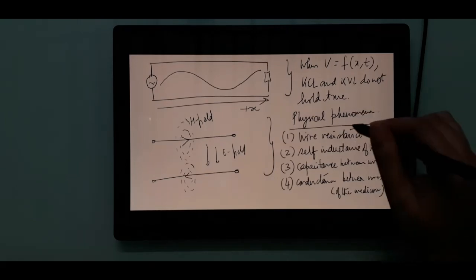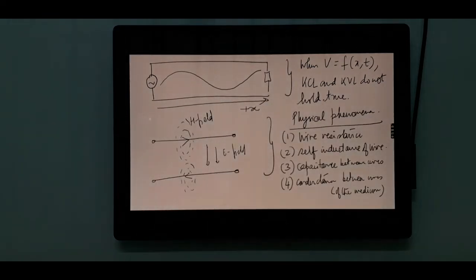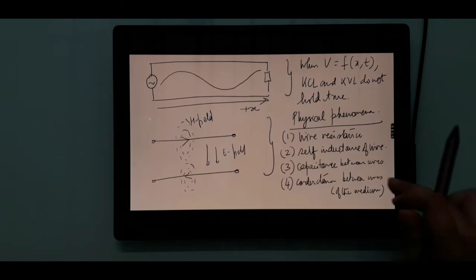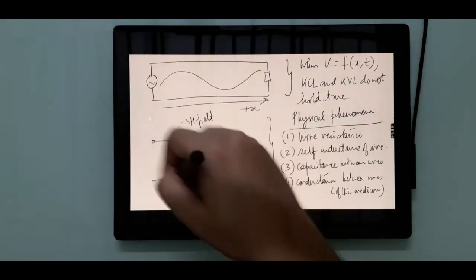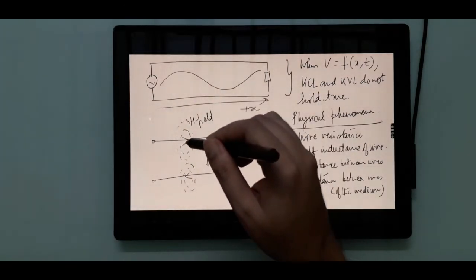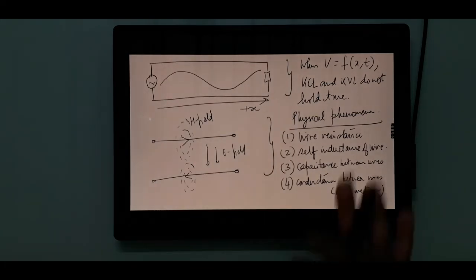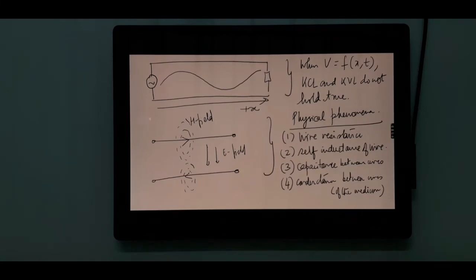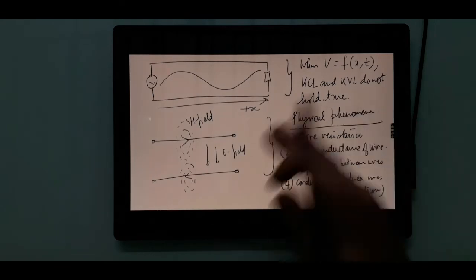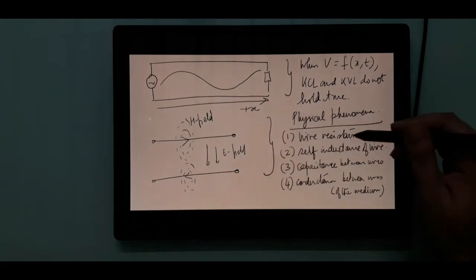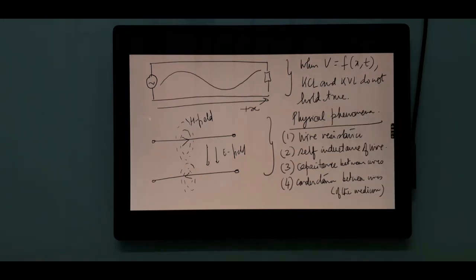The first two, the wire resistance and self-inductance, are due to the wires, even if you consider them independently. Capacitance comes because of the two wires in proximity, and conductance comes because of whatever is the material that is between the wires. How good of an insulator is it? That is conductance. So now we have taken some physical phenomena and tried to represent them in terms of resistance, inductance, capacitance and whatnot, so that we can apply KCL and KVL.